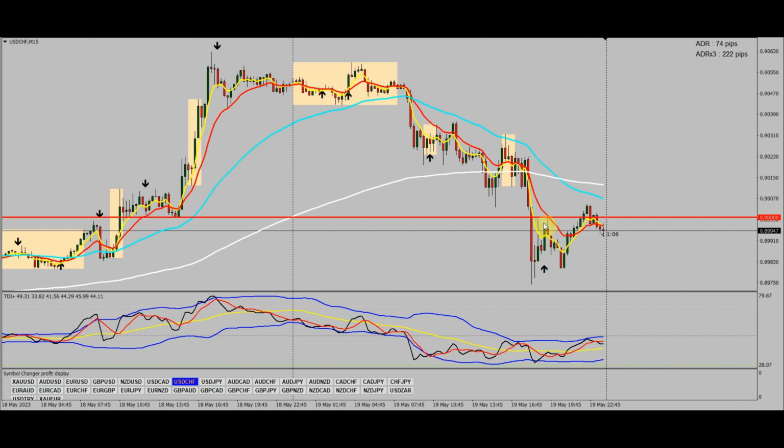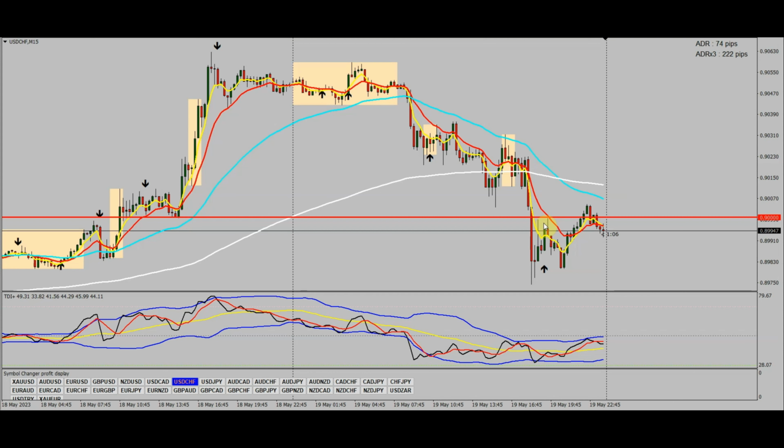Another way to manage a trade could be once it goes into a certain amount of profit, you can move your stop loss across the line to break even, whereby even if it does reverse, you would not have lost anything, but you would have just broken even and you would have still made some type of profit. The final way that I know some persons manage their trade is by simply trailing.